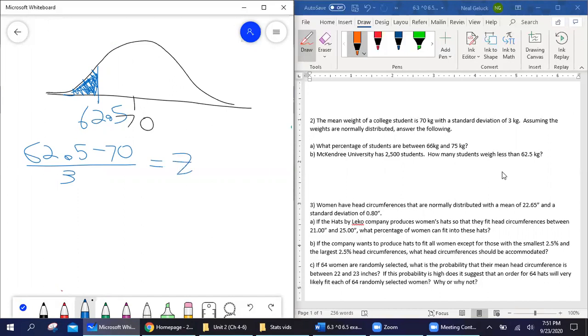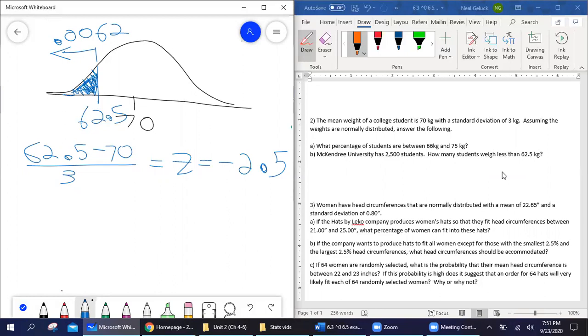Which will give me a z-score of negative 2.5. Going to my table, the area left of negative 2.5 is 0.0062. So there is a 0.0062 chance that a college student weighs less than 62.5 kilograms.